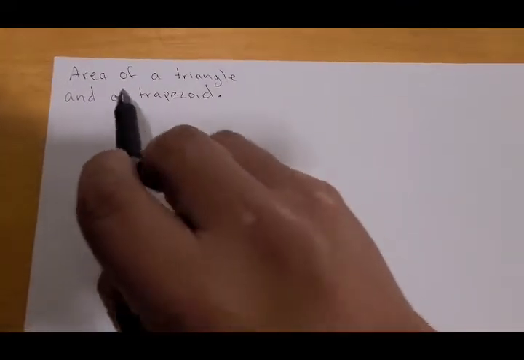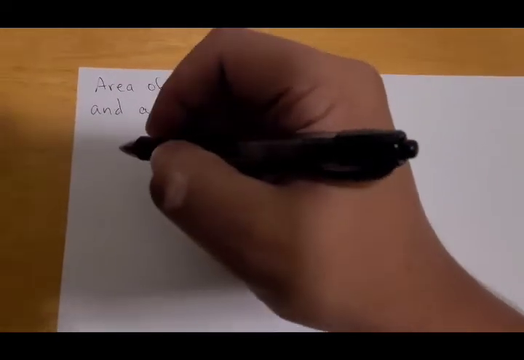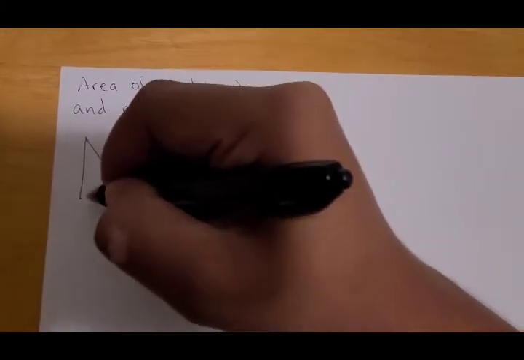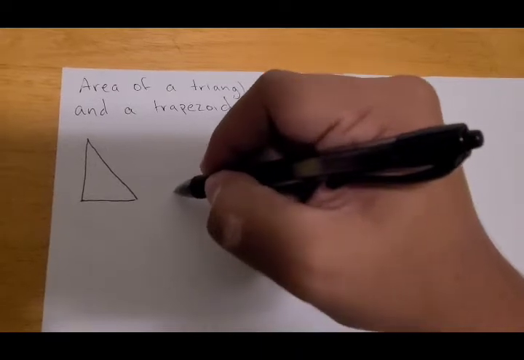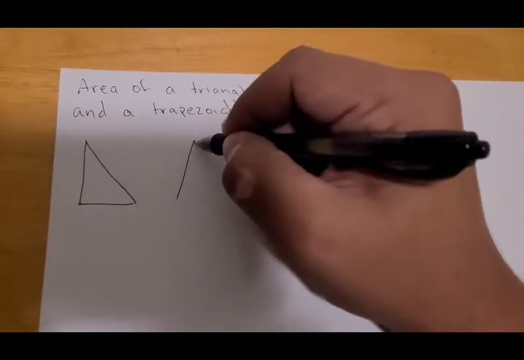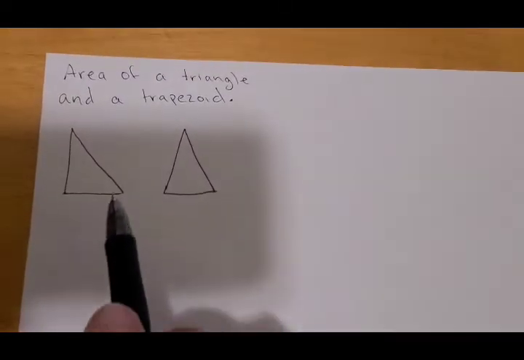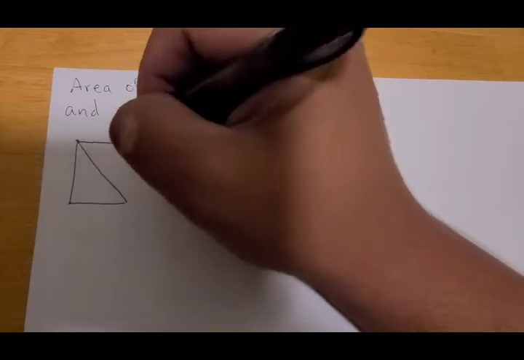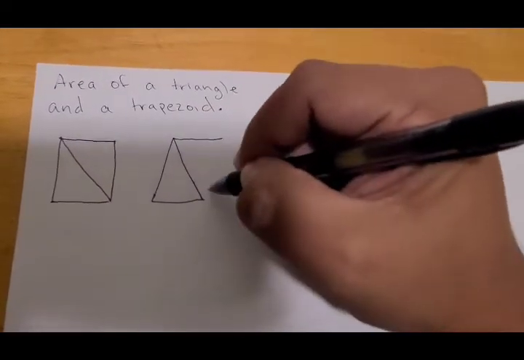Today we're going to be learning how to find the area of a triangle and a trapezoid. The first thing we must realize is that triangles are basically just half of a rectangle or a parallelogram.